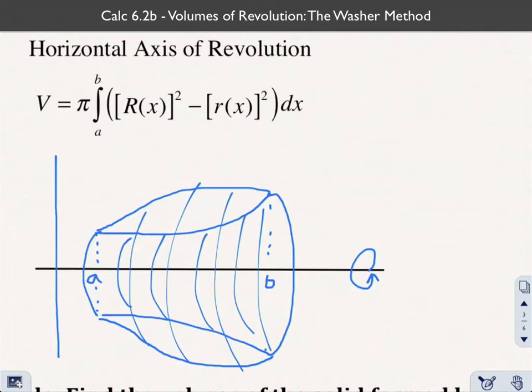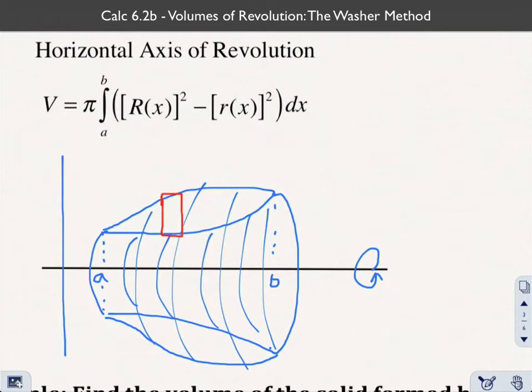The biggest thing to think about here is that we need to find our representative rectangle. We'll draw it right there. You can see the width of this rectangle is going to be delta x. What we need to do is determine the height at the top and at the bottom. The top we're going to call capital R of x, and the bottom we're going to call lowercase r of x.